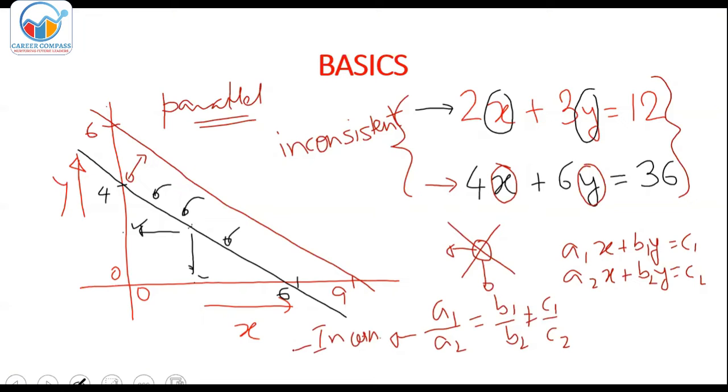For inconsistent equations, you get 0 solutions, which means you do not get any solution at all.